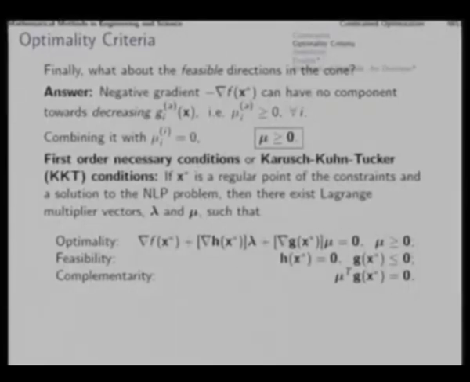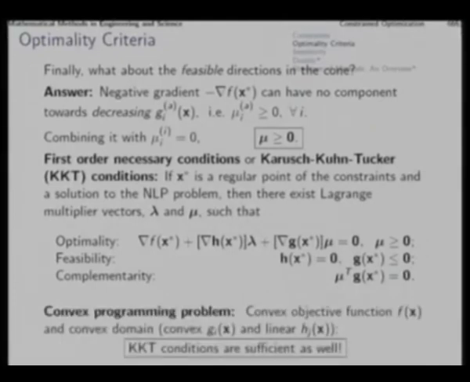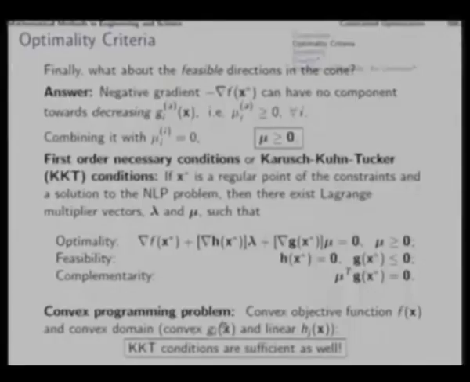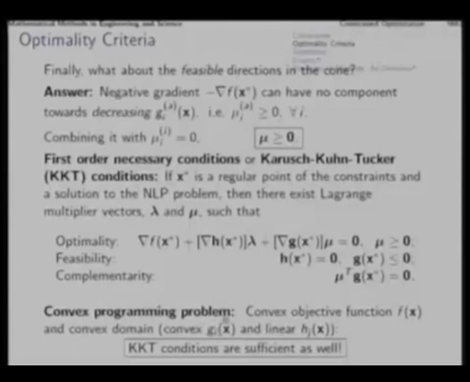There is one class of problems called convex programming problems, in which the objective function is convex and the domain is also convex, characterized by convex g's and linear h's, that is, equality constraint functions are linear and inequality constraint functions are all convex. So, that describes a convex domain.